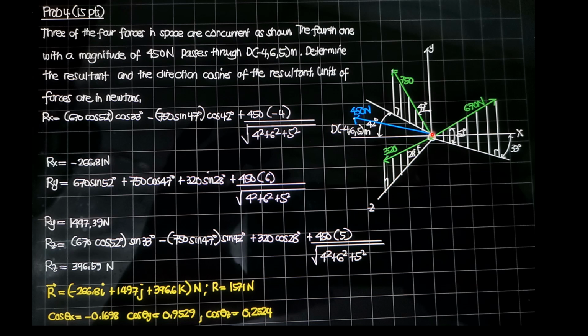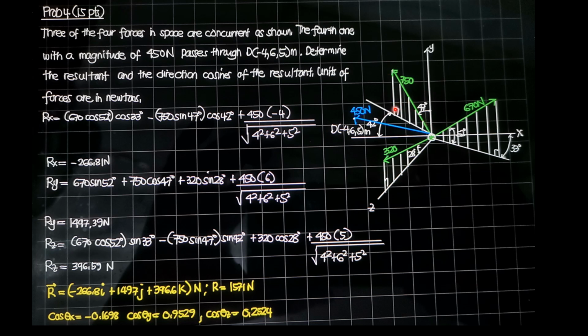Then for the 750 Newton force, the angle is 47 degrees with the y-axis. So that is theta y for that force. Then we compute this component first, which is on the xz plane again, but it is directed in the negative z direction and in the negative x direction. Only the y component is positive here.